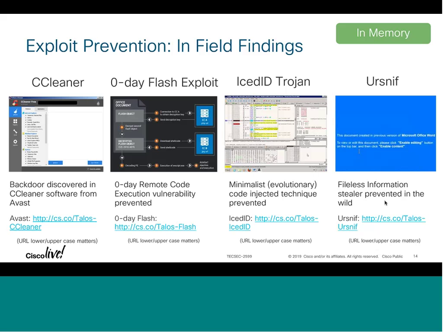The process that it's attacking is the one that is covered by exploit prevention. Yeah, CCleaner is the vector, but what we care about is that it's going after one of the Windows or commonly exploited system components that is covered by XPREV.